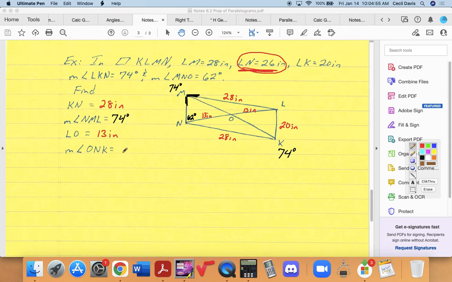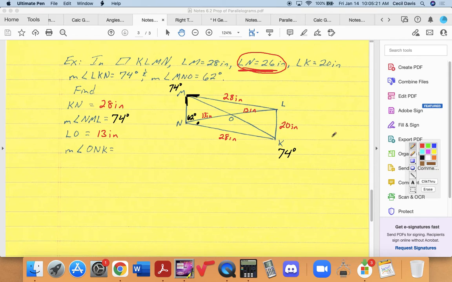And then they ask for angle ONK. This angle right here. That one takes a little more thought. Remember that the opposite angles are congruent. What's true about the consecutive angles? Supplementary. They're supplementary.